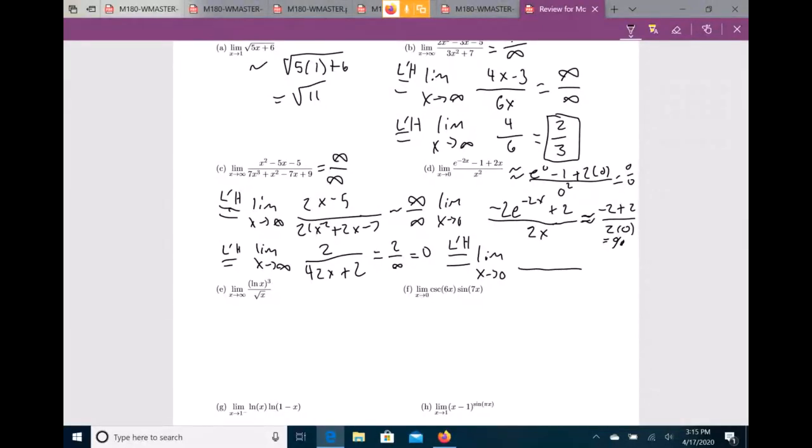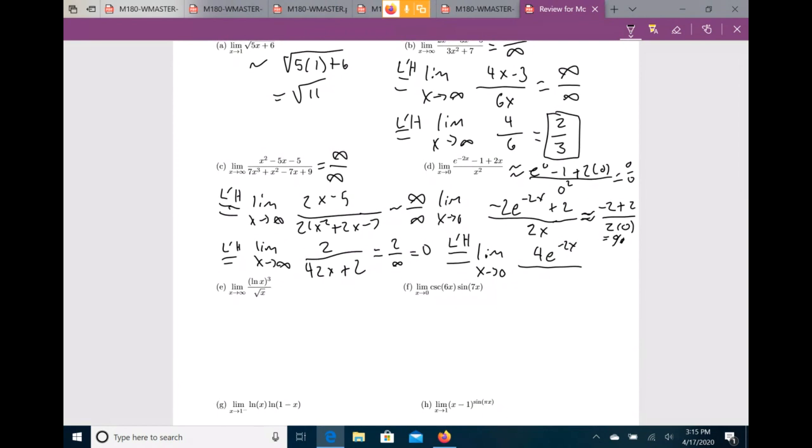Now what does the derivative of the numerator look like? You just multiply by negative 2 again for the exponential term, so you get 4e to the negative 2x, and the derivative of 2x. Third time's a charm. Now what happens when I plug in 0? Good, you get 4 over 2, or just 2.